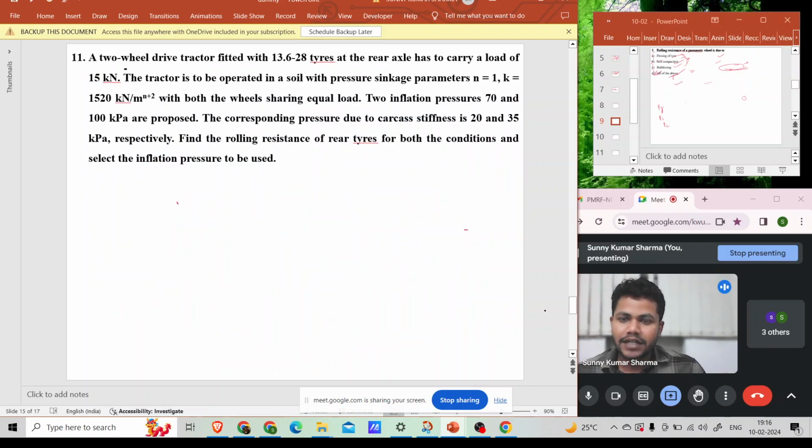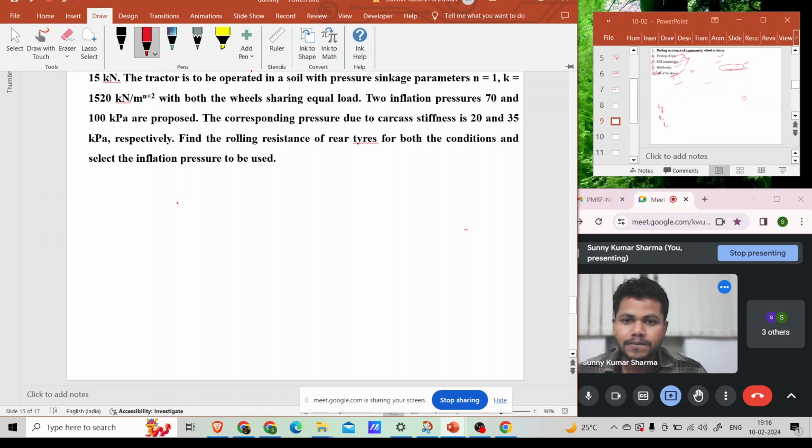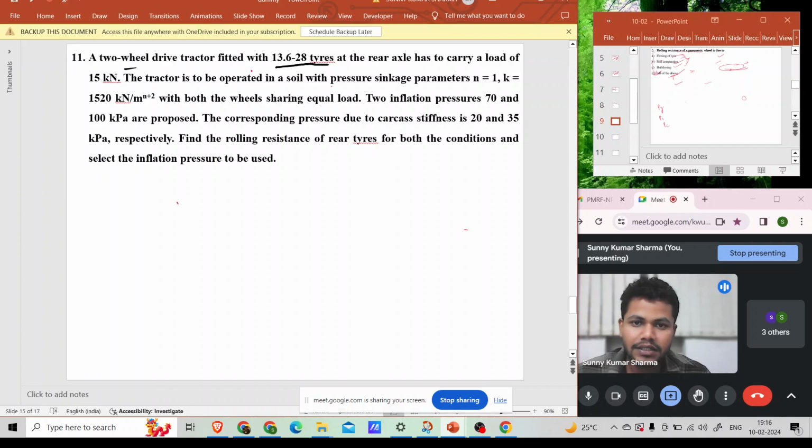A two-wheel drive tractor fitted with 13.6-28 tires at the rear axle has to carry a load of 15 kilonewton. The tractor is to be operated in a soil with pressure sinkage parameter n equal to 1 and k equal to 1520 kN per m to the power n plus 2, with both the wheels sharing equal load.